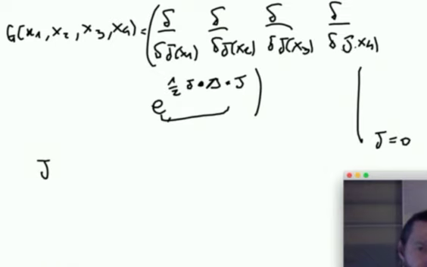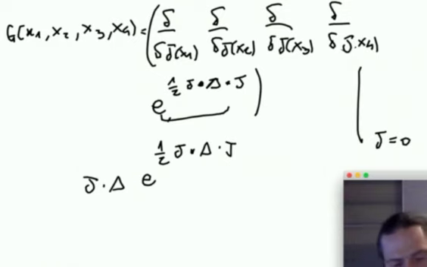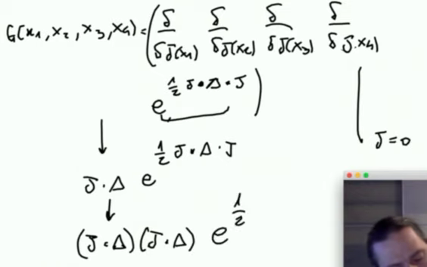I can act on the j, or I can act on the exponential. So after the first derivative acts, I have something like j dot delta e to the 1/2 j dot delta dot j. When I act with the second derivative, I will get j dot delta squared. So I'll put 2 here, and then I get 1 j delta j.